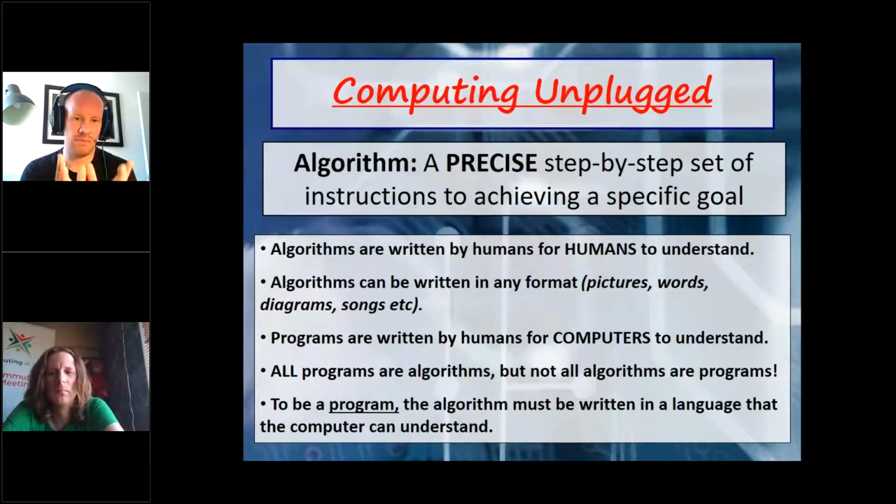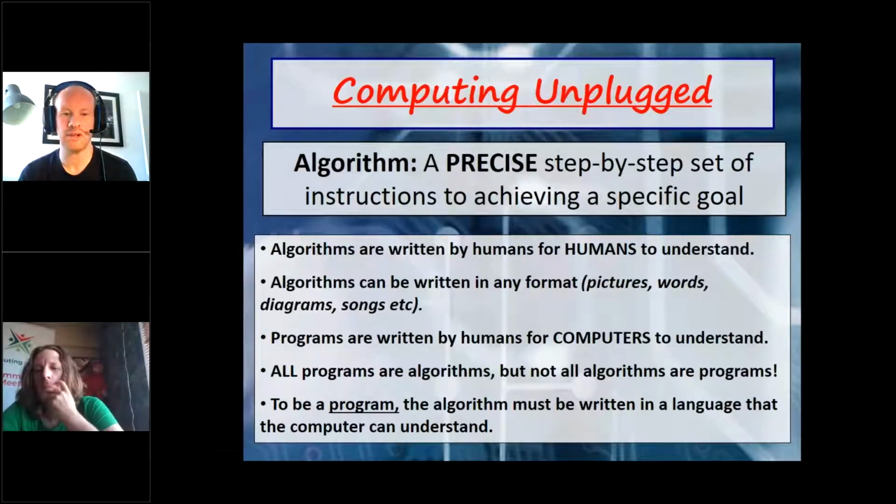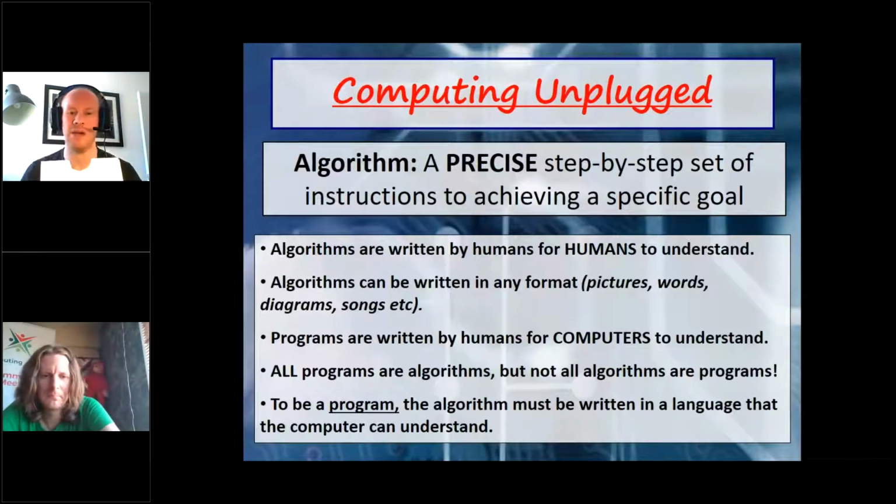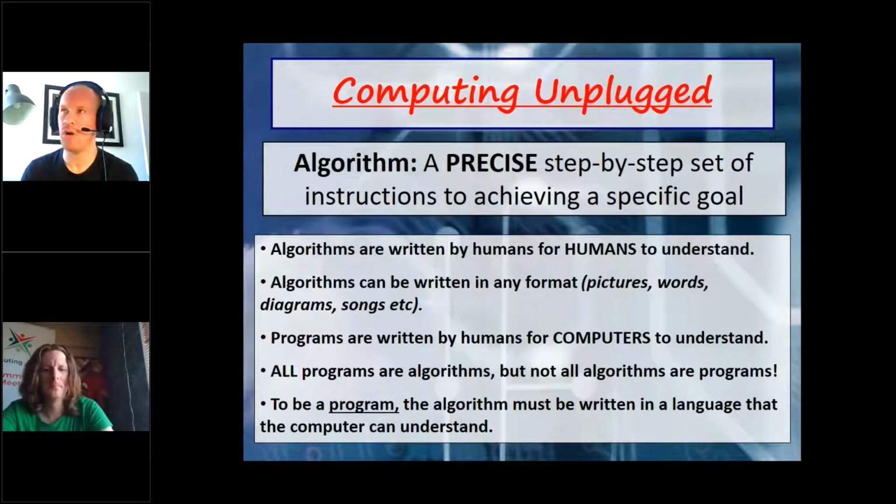But if we take this through step by step, an algorithm is written by a human for a human to understand. So if we take that example of the life jacket there, that was created by me as a human for you as fellow humans to be able to understand. Algorithms can be written in any format though. And again, I think people hear the word algorithm and they think very formally, they think flowcharts and stuff like that.